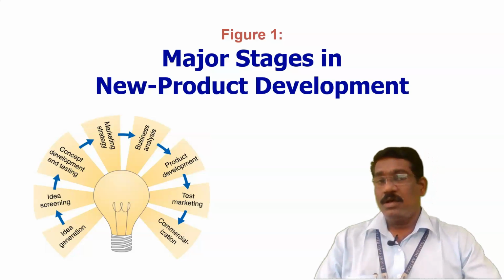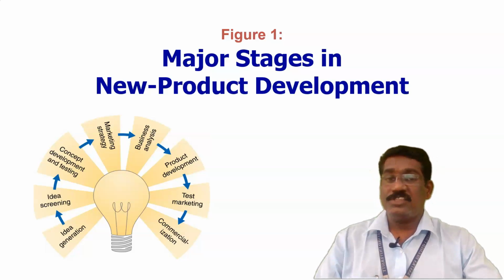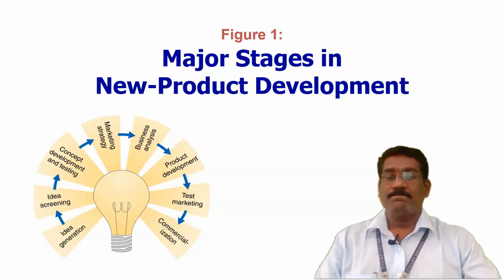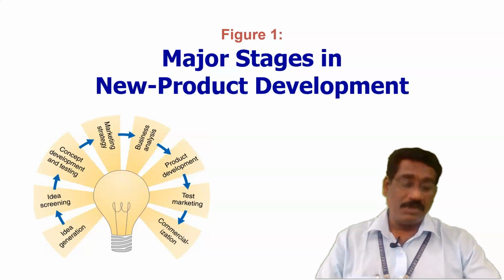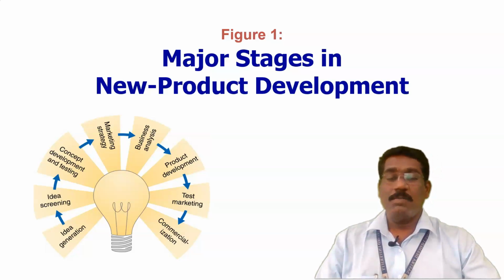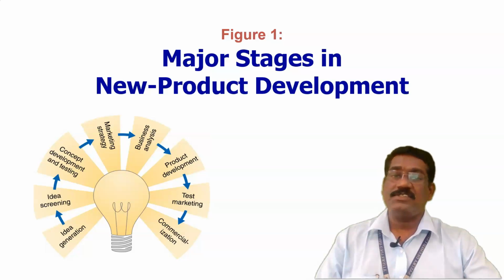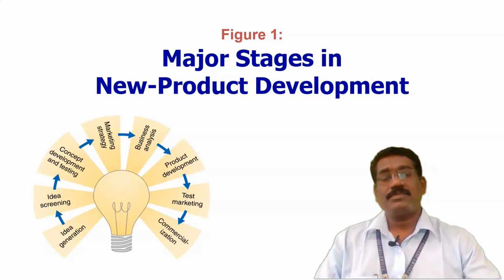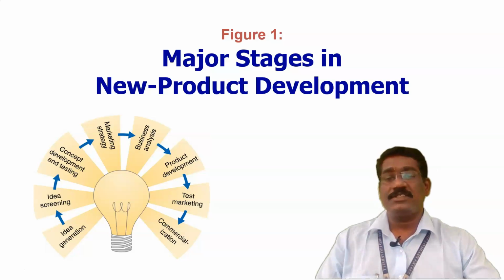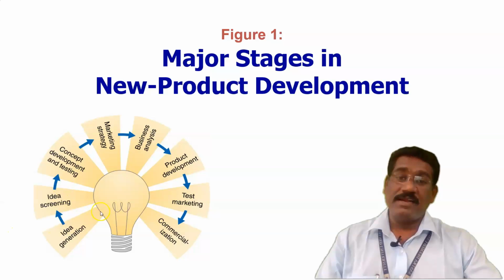In order to reach the consumers, we need to develop an appropriate marketing strategy. We will discuss in detail how a marketing strategy is developed, and also whether there is potential in the market or not. We are supposed to do a business analysis, and after the business analysis, we need to go for product development.